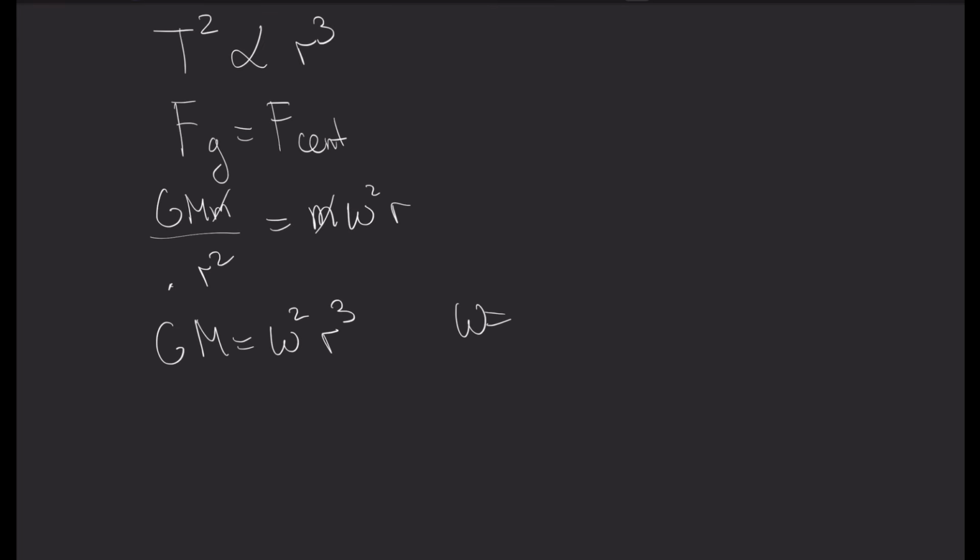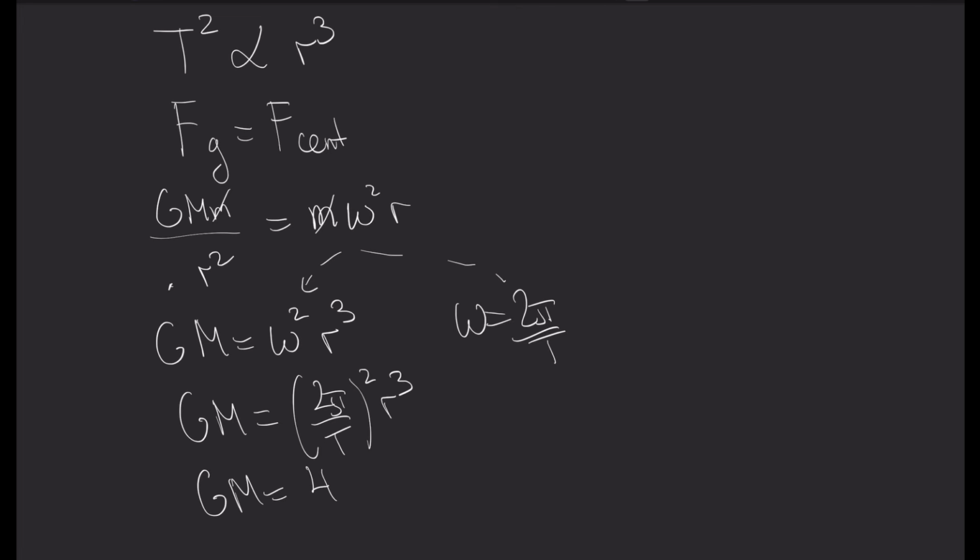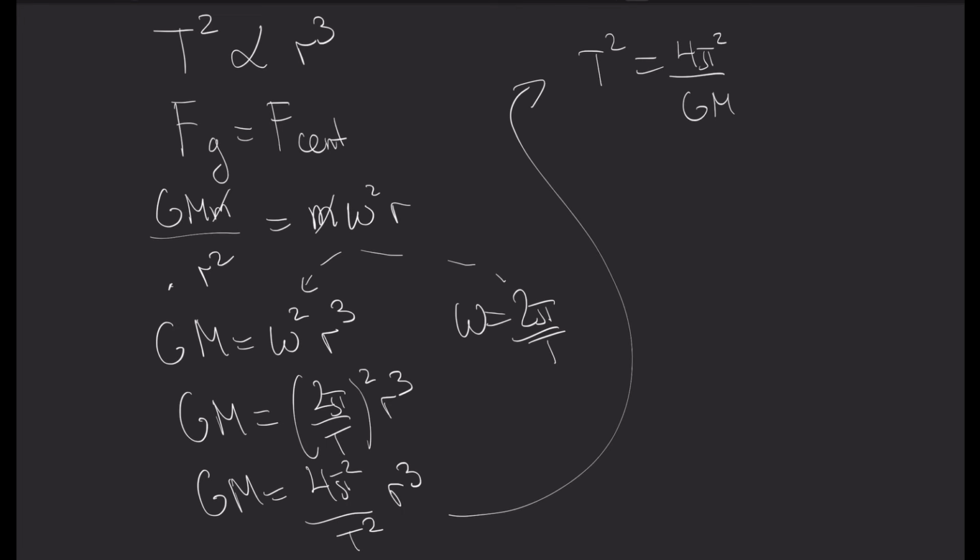Now, omega is 2 pi over T, so let's bring this into here. So GM will be 2 pi over T squared r cubed. GM will be 4 pi squared over T squared r cubed. That means that T squared will be 4 pi squared over GM r cubed.